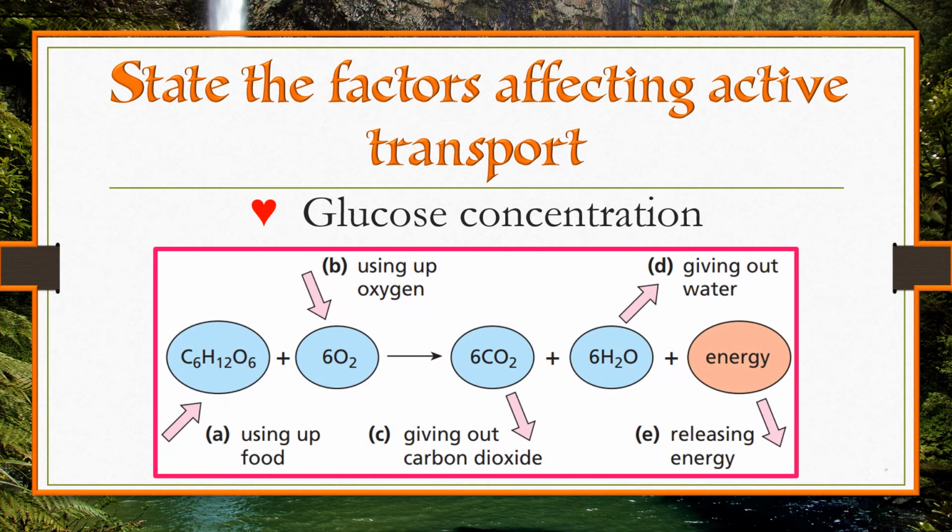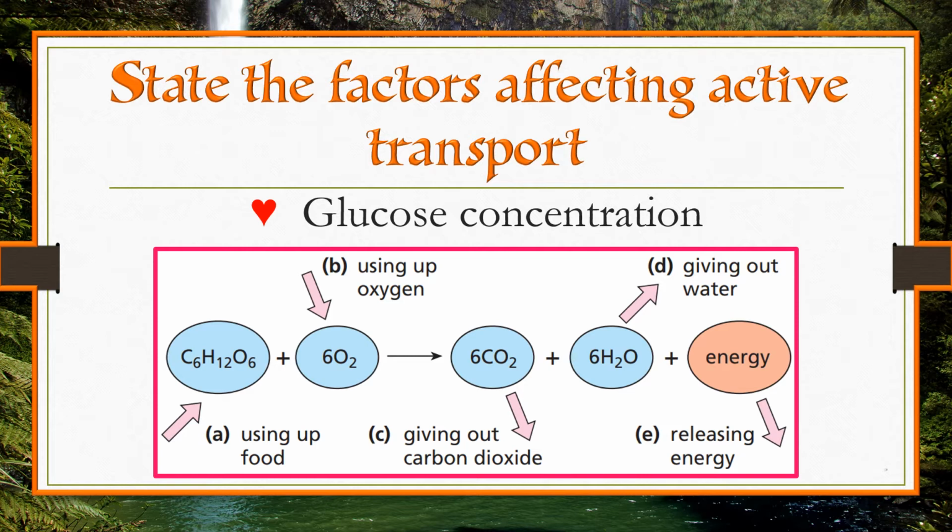Another factor is glucose concentration. How does glucose concentration affect active transport? We know that glucose is our oxidized product, our substrate, which we are oxidizing using oxygen to give us carbon dioxide, water, and energy.